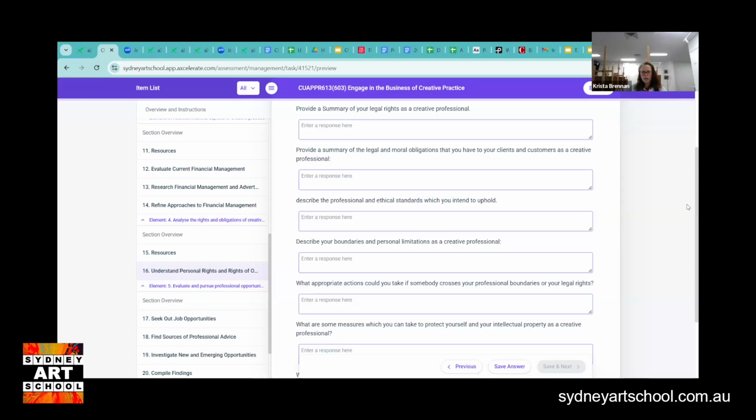If everyone's feeling pretty comfortable about those questions, I feel like you'd be able to answer them. Let's take a look down there at the last one. What are some measures which you can take to protect yourself and your intellectual property as a creative professional? Can someone give me an answer to that question?